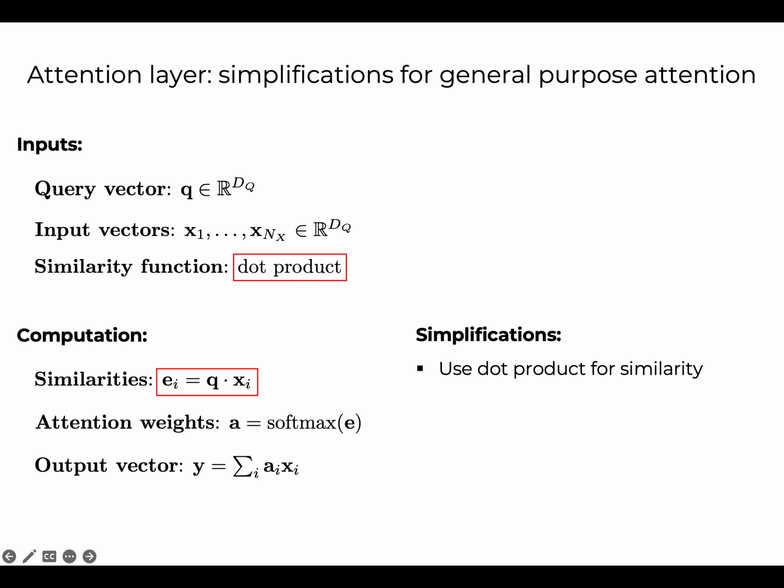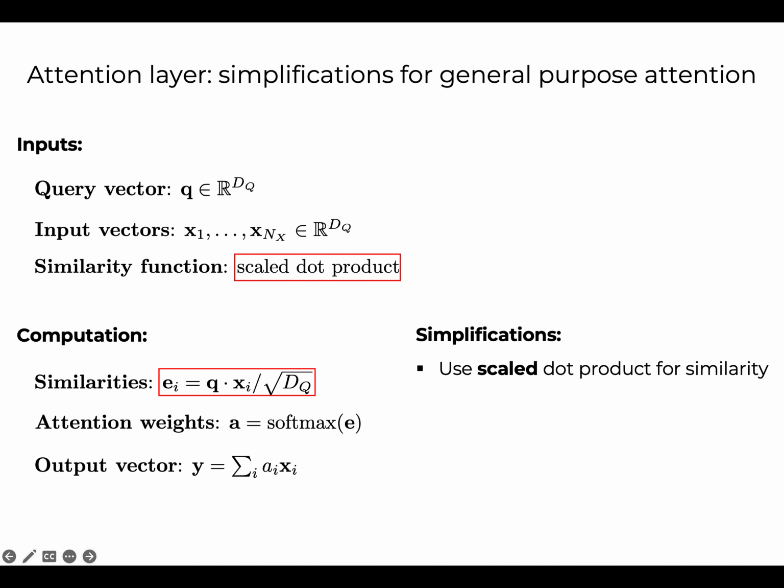In fact, we'll go slightly further than that. What's actually generally used is the scaled dot product. All that means is we still use the dot product between the query and each of the input vectors, but we divide that dot product by the square root of the dimensionality of the query vector.